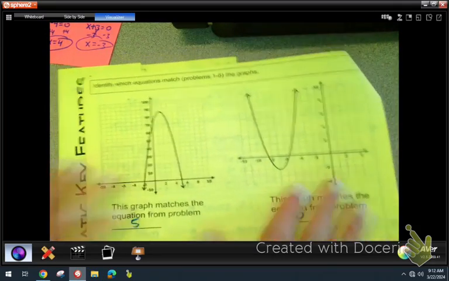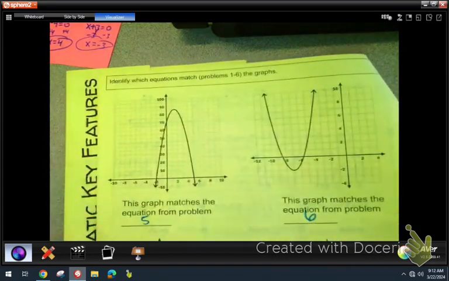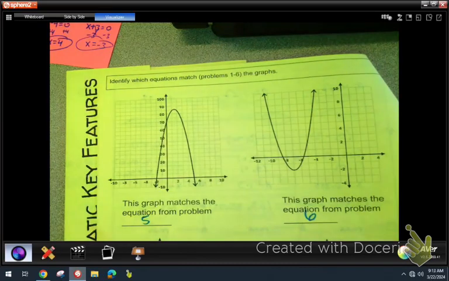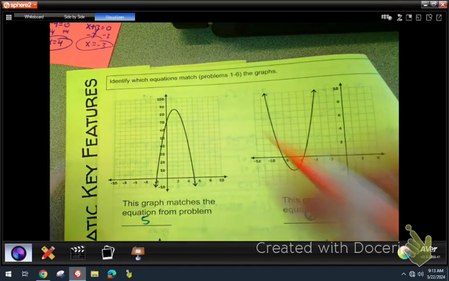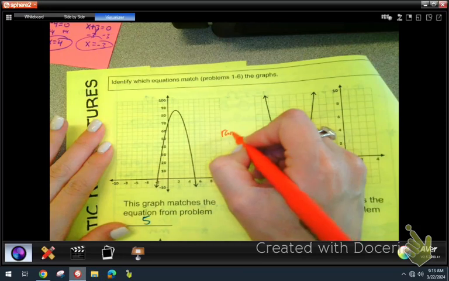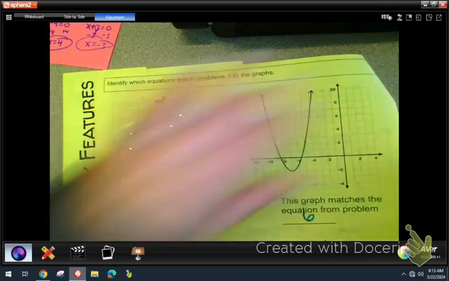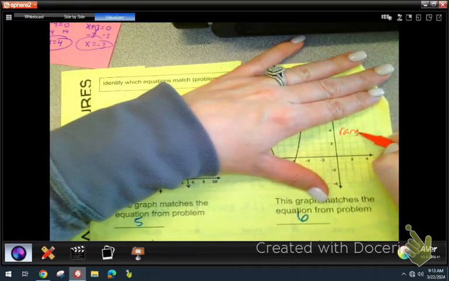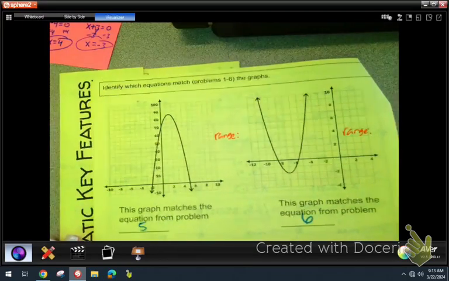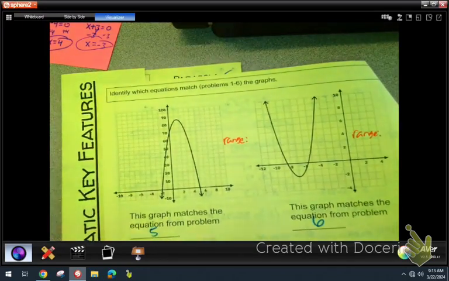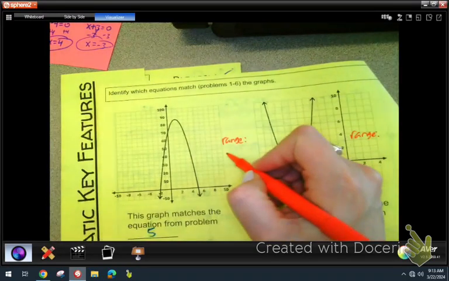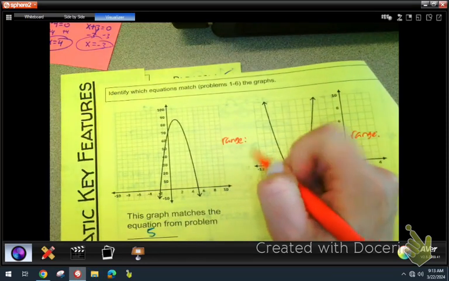So here's an example real quick for you. Let's just look at these two. I'm on the second to last page if you want to do this with me. We'll do the range for these two graphs because I do think this is kind of tricky. Here's how I would do the shorthand way. Range is always going to talk about what variable?